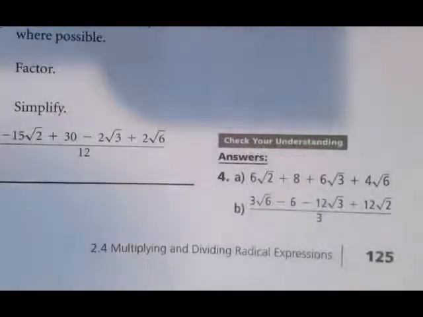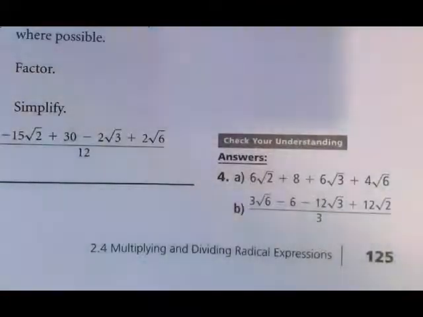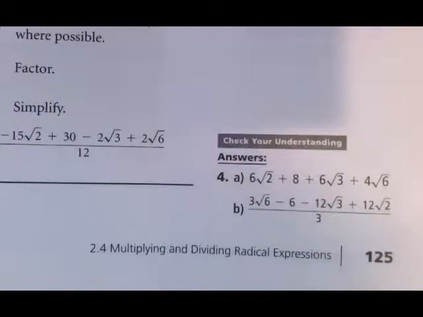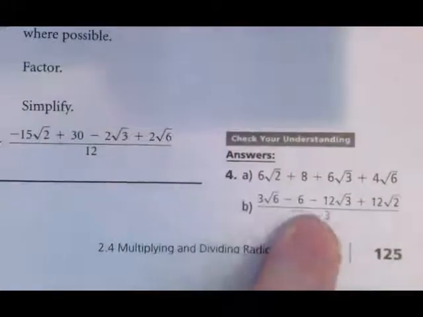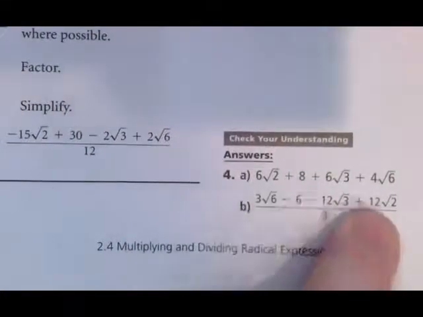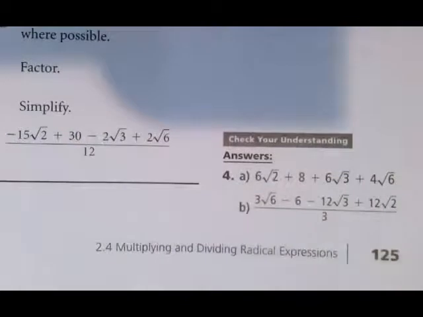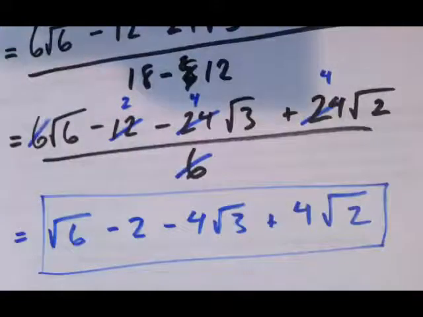You tell me, for 4b, are they done simplifying? Are those lowest terms? No. They went halfway for some strange reason. 3 is common to 3, 6, 12, and 12. So anyways, I'm right. The textbook's wrong.